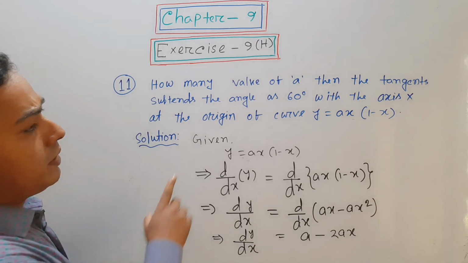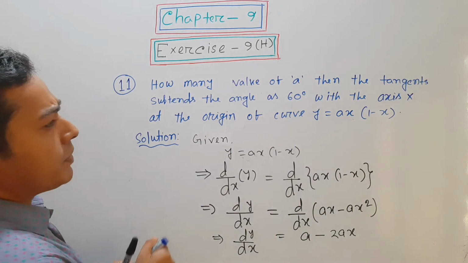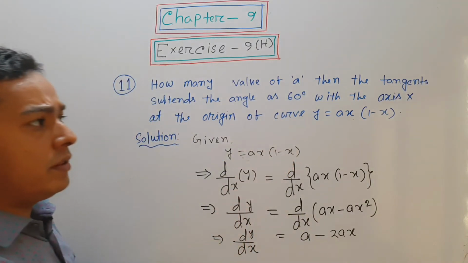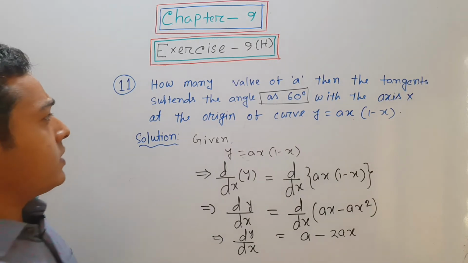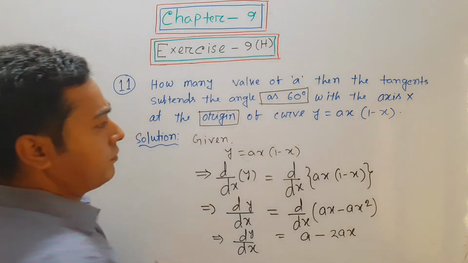Dear student, in your question the tangent subtends an angle of 60 degrees with the x-axis at the point which is the origin.